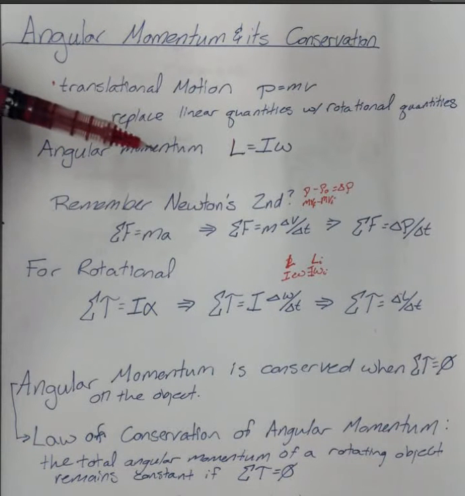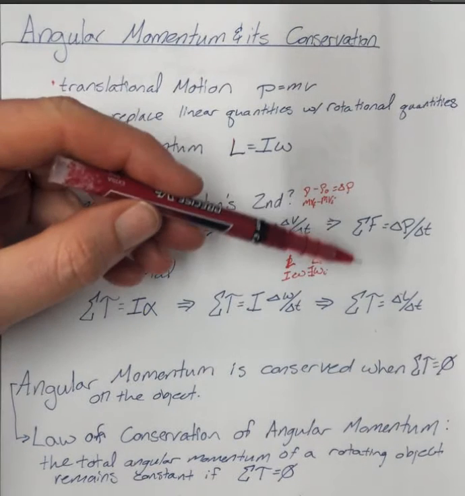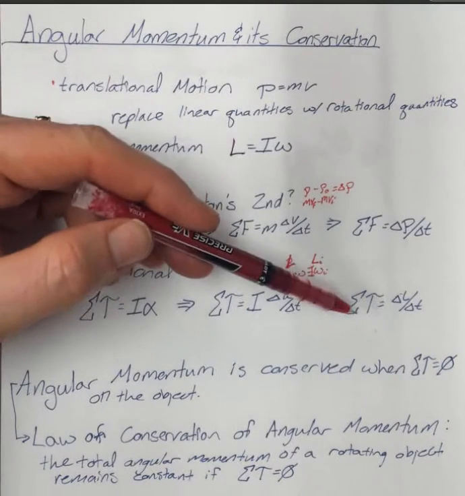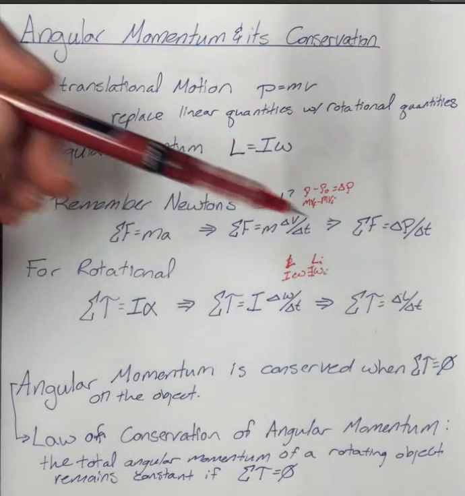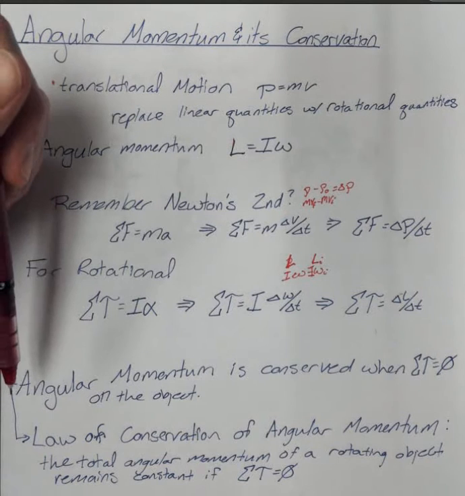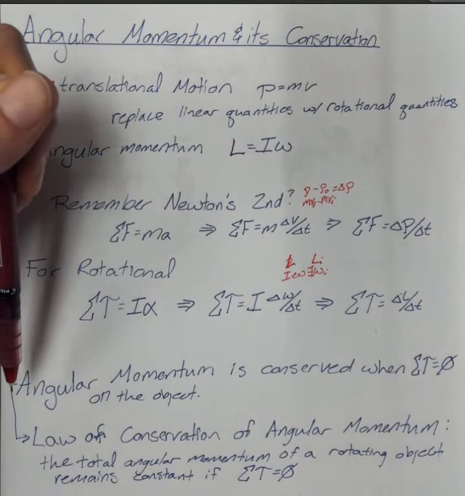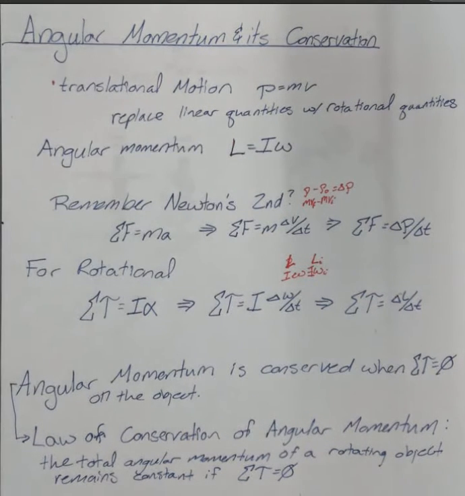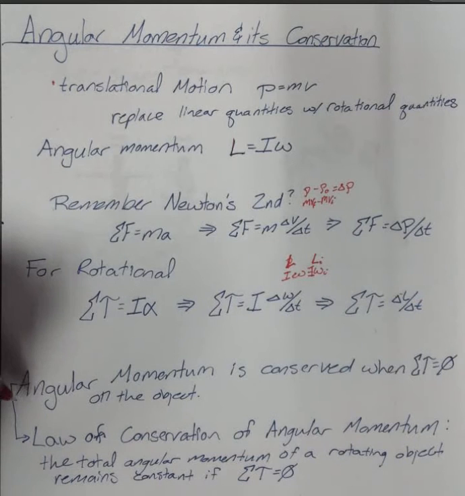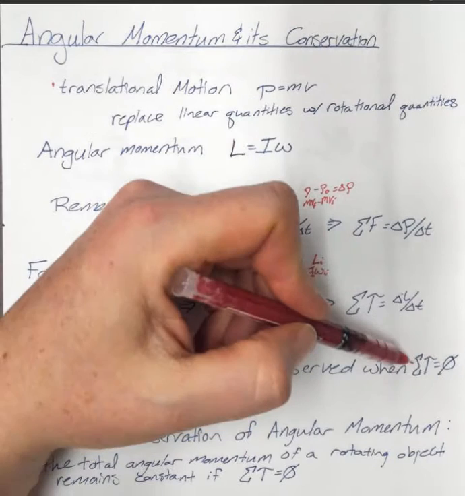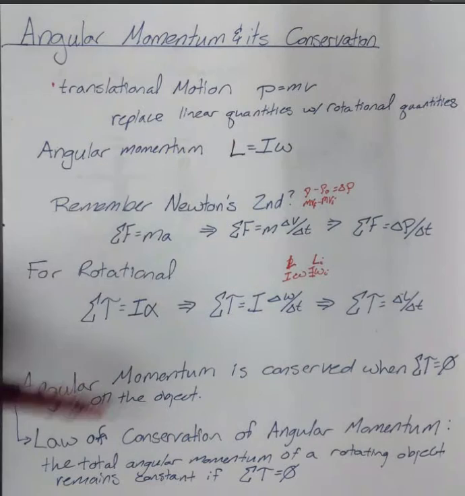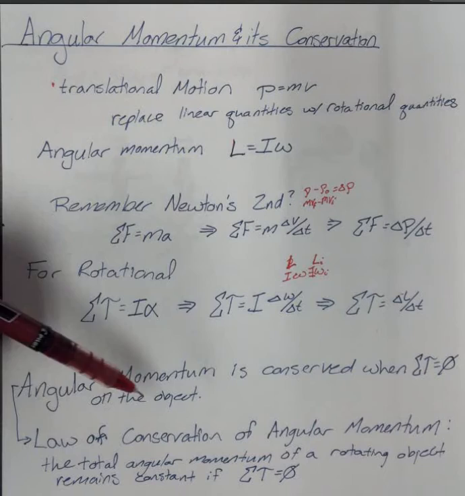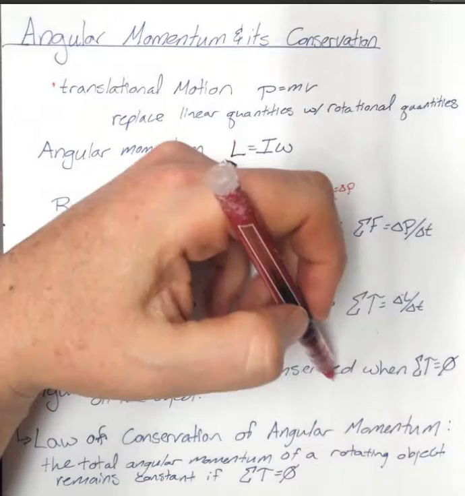And that is going to work for each situation. Since we can calculate the relationship between an applied force and the rate of change of a momentum, we know that according to the laws of physics, this is a conserved quantity. And if it's a conserved quantity, then when the net external torque on an object, in this case any net torque on an object, is equal to 0, then angular momentum is a conserved quantity.